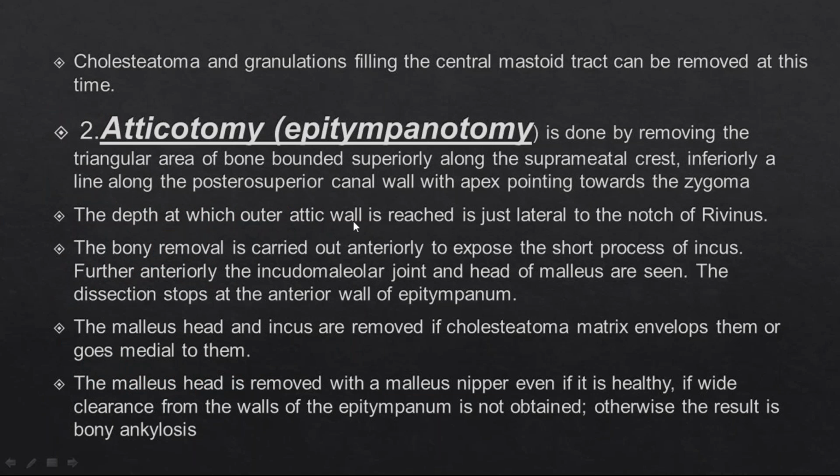The depth at which the outer attic wall is reached is just lateral to the notch of Rivinus. The bone removal is carried out anteriorly to expose the short process of the incus. Further anteriorly, the incudomalleolar joint and the head of the malleus are seen. The dissection stops at the anterior wall of the epitympanum.